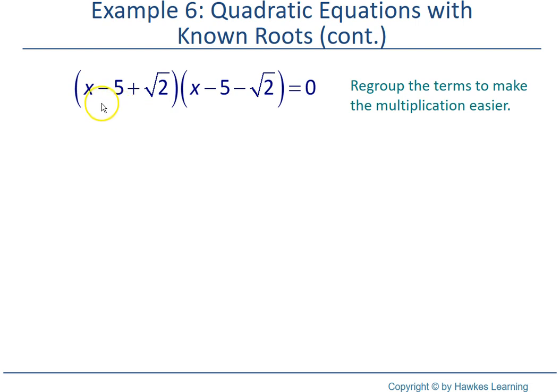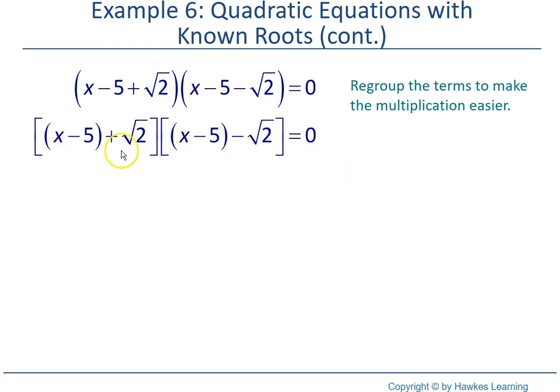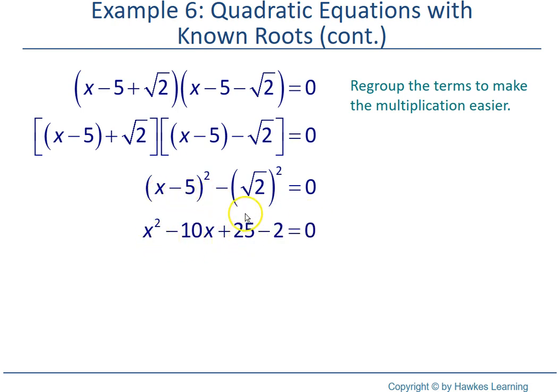So we get this. Now notice this is an x minus 5 that we'll put in parentheses. So we're getting the difference of perfect squares here. So we square this, get that, and then we're squaring the square root of 2, which gives us a -2.